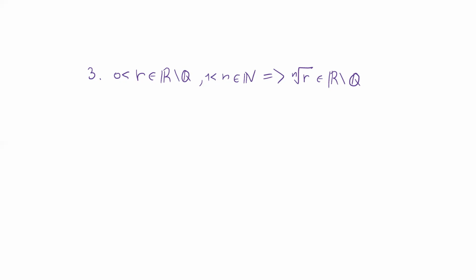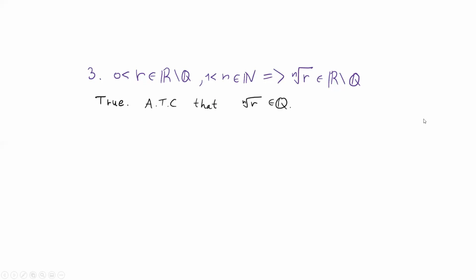But since the statement is that something is irrational and we don't have a classification of what it means to be an irrational number, usually when we want to prove the final statement of being irrational, as we did in the proof of square root of 2 being irrational, we will use proof by contradiction, which means that instead of proving that the left side implies the right side, we prove that if we assume the left side and the negation of the right side, then we get a contradiction.